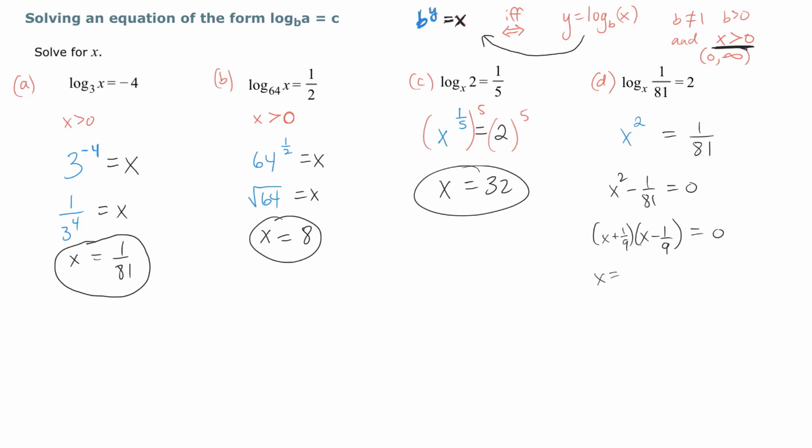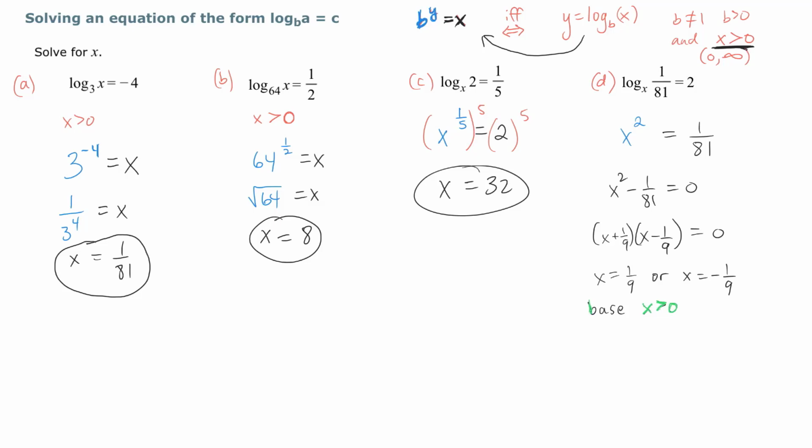So x equals 1/9, or what? X equals -1/9. Now, by the definition of log, our base has to be what? Our base has to be greater than 0 as well. The base x has to be greater than 0. I could indicate it right here.